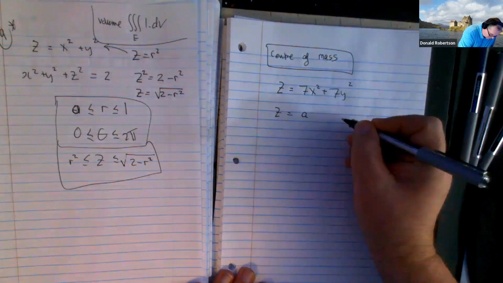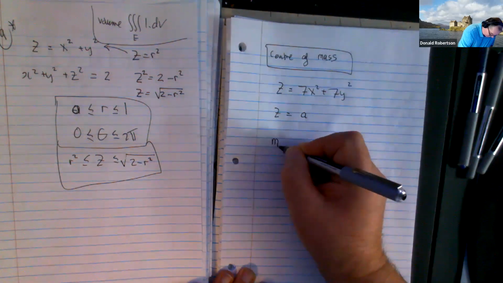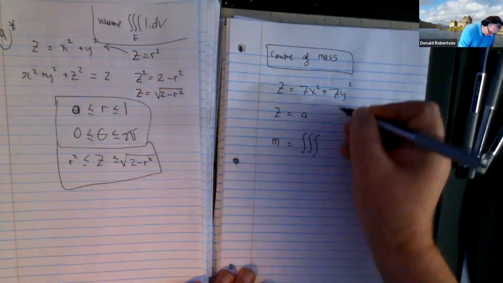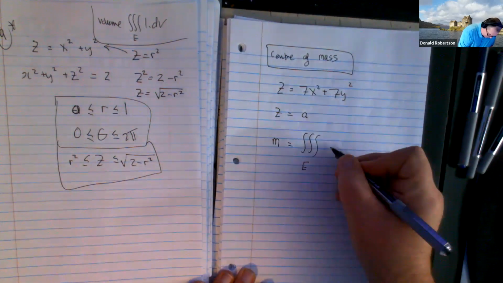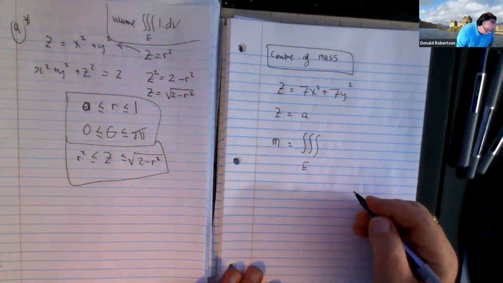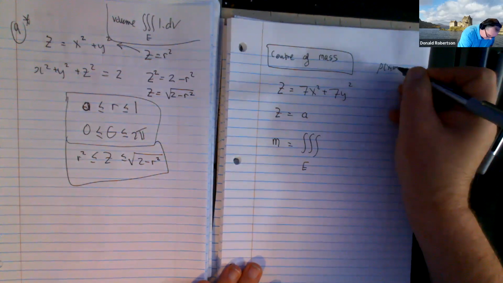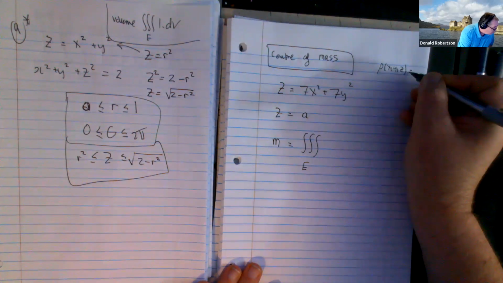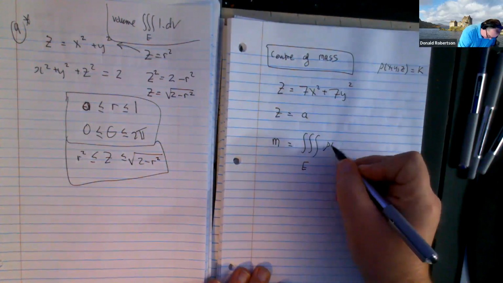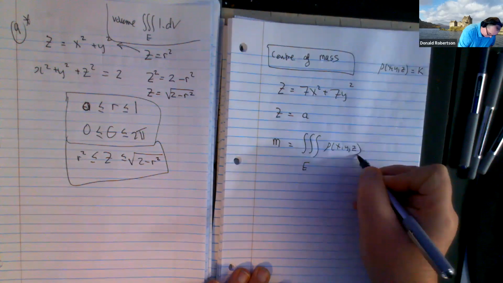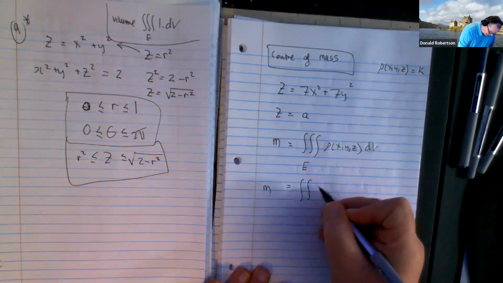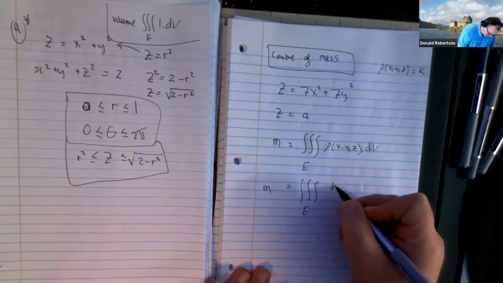And we need to calculate the mass, which is the triple integral over this region E. The function has a density function, that's good, of a fixed number k. So the mass is going to be triple integral of k.